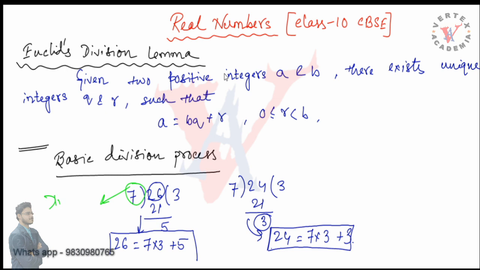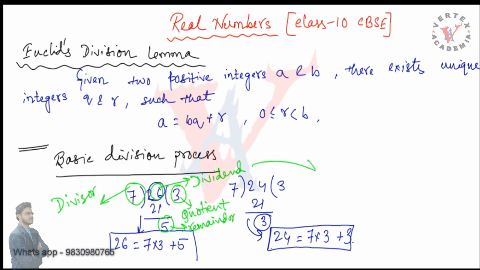This 26 is the dividend. Here 3 is the quotient and this 5 is the remainder. So if we see the result as 26 equals 7 into 3 plus 5, we can write that dividend equals divisor into quotient plus the remainder.